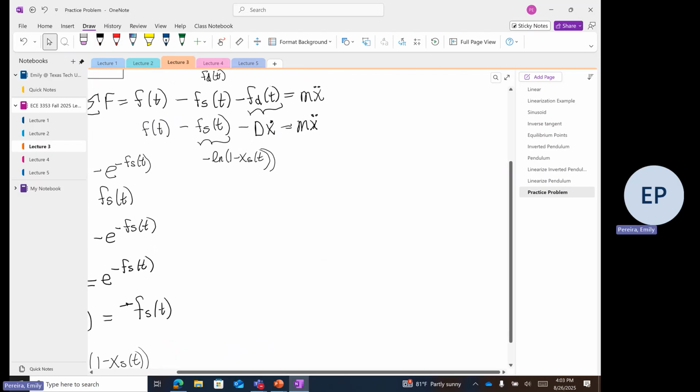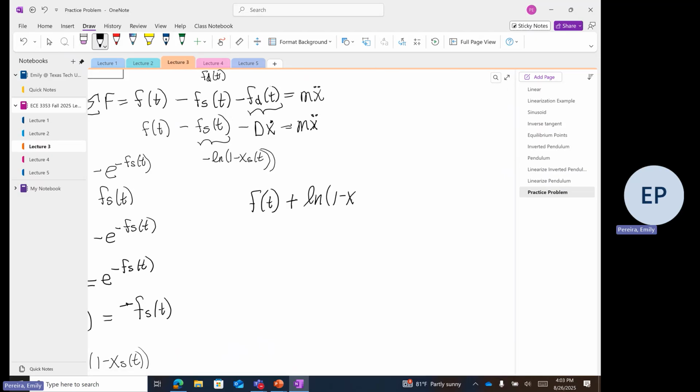Alright, so if we plug this in, we get f of t plus the natural log of 1 minus x of s_t, minus the damping force, is equal to m x double dot. So the question now is, what is this x of s_t?